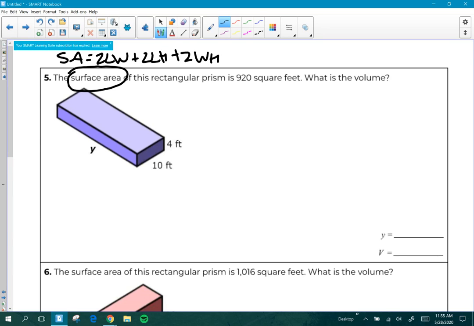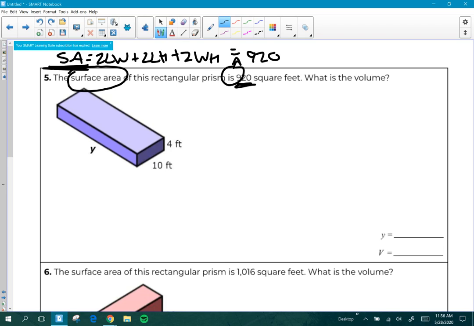So the surface area of the rectangular prism is, whenever they say is, that means equals, and then 920 square feet. So they're saying that this whole surface area equals 920, right? So my SA in that equation is 920.